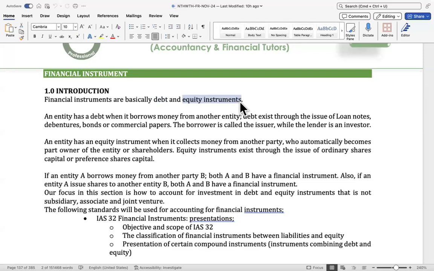Majorly, debt and equity are useful ways in which businesses and individuals raise money, the way they get money. So if I want to raise money for my business, either I use debt or equity. It then provides somebody that has liquid capital, somebody that has cash, an opportunity to invest.